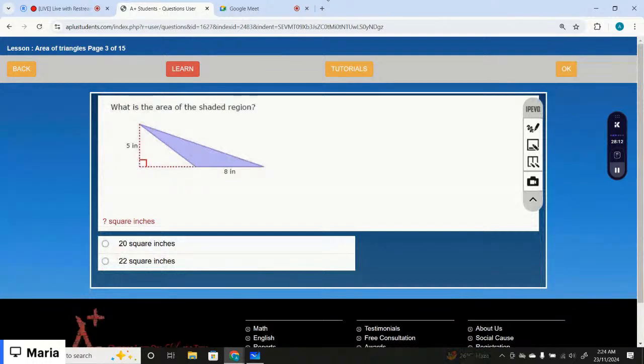What is the area of the shaded region? Half times base times height. So that is 8 times 5 is 40 and 40 divided by 2 is 20.